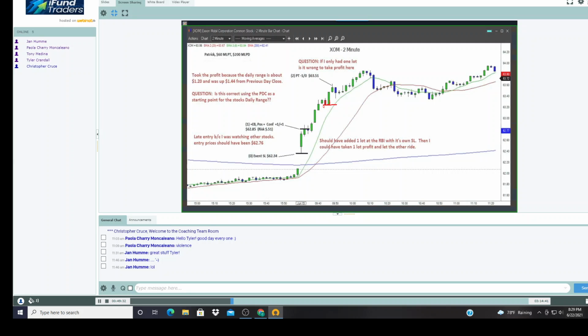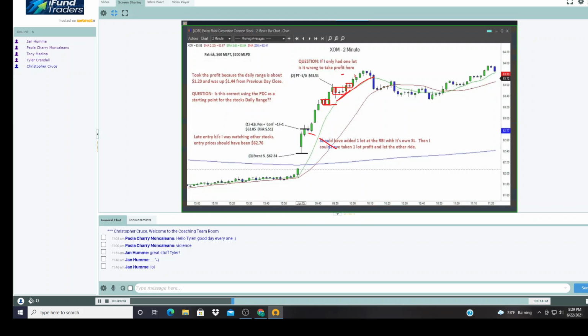So here's one red bar ignored. There was another down here, but it was nowhere near these moving averages, so I don't really care about that. Now here's a second red bar ignored. And now we are close to the 8MA, and here's another little red bar ignored. I really think the 8MA has come into play.